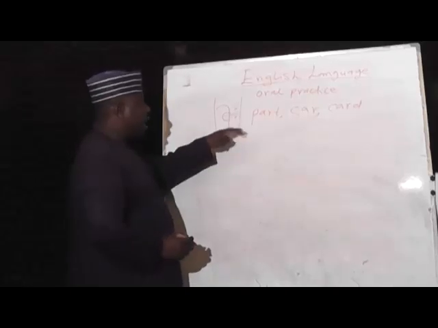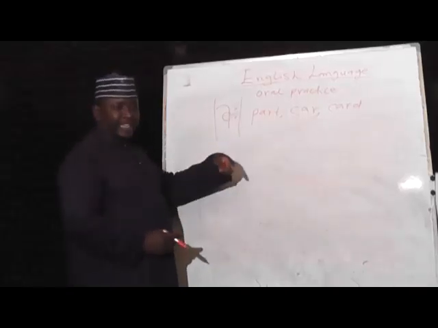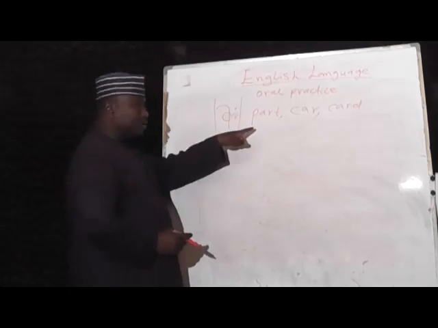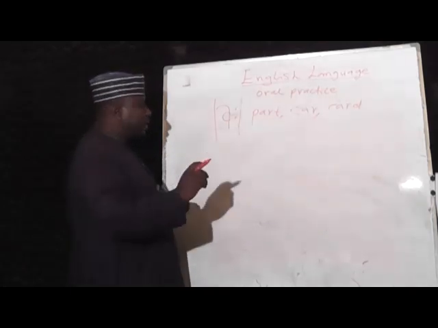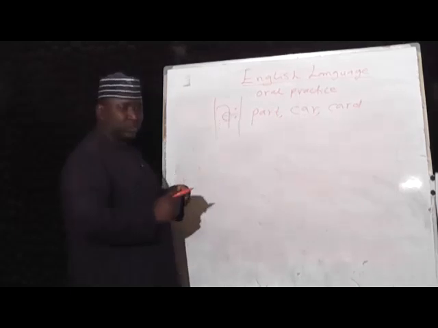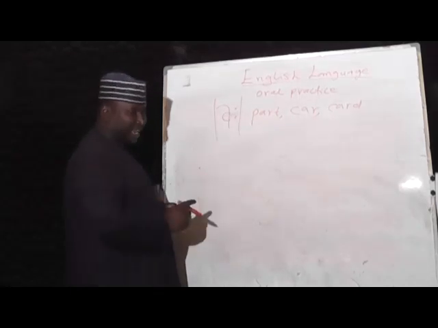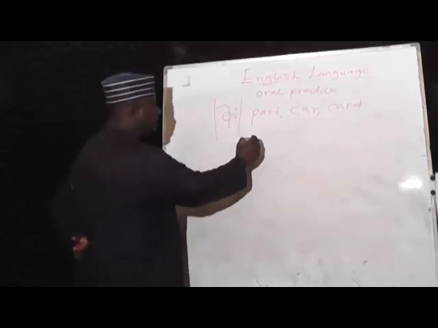I will show you how it is transcribed in the English dictionary. As I do this, you should be thinking of examples that you will give to us in this class. If you check your dictionary, you find something like this.